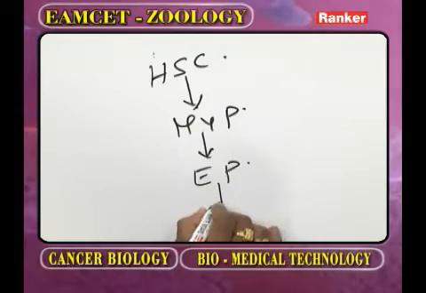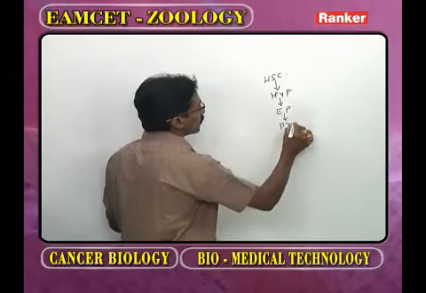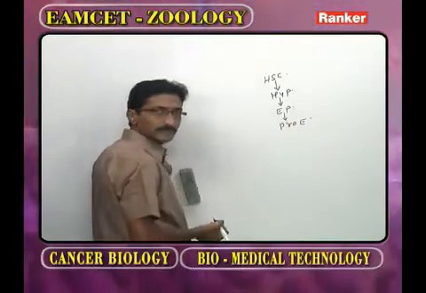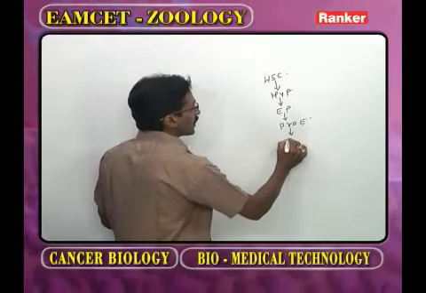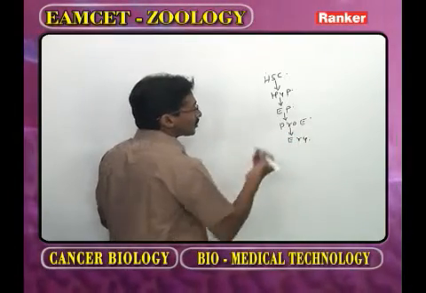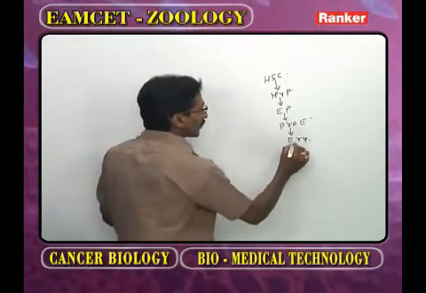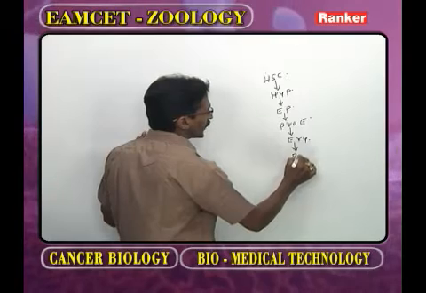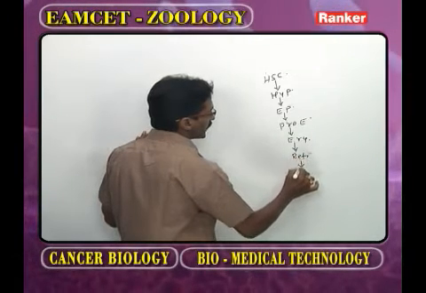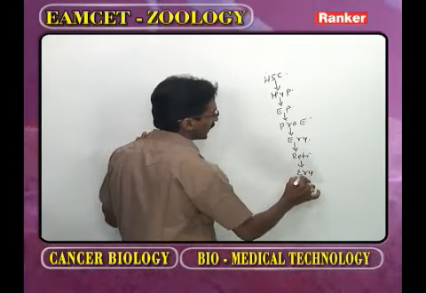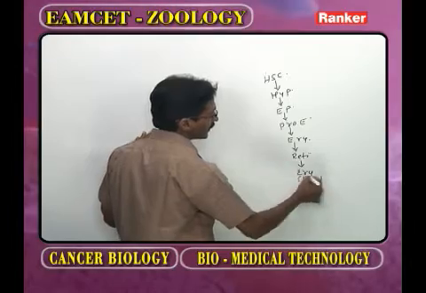This erythroid progenitor gives rise to proerythroblast. The proerythroblast gives rise to erythroblast. Now it gives rise to reticulocyte. It gives rise to functional erythrocyte, that is RBC.